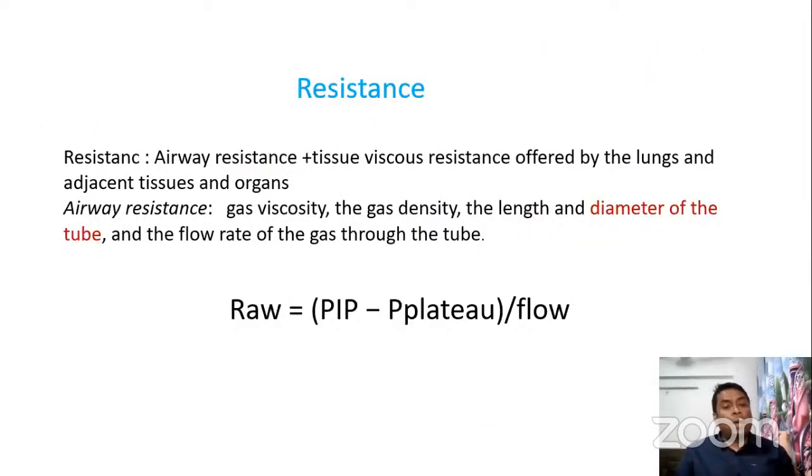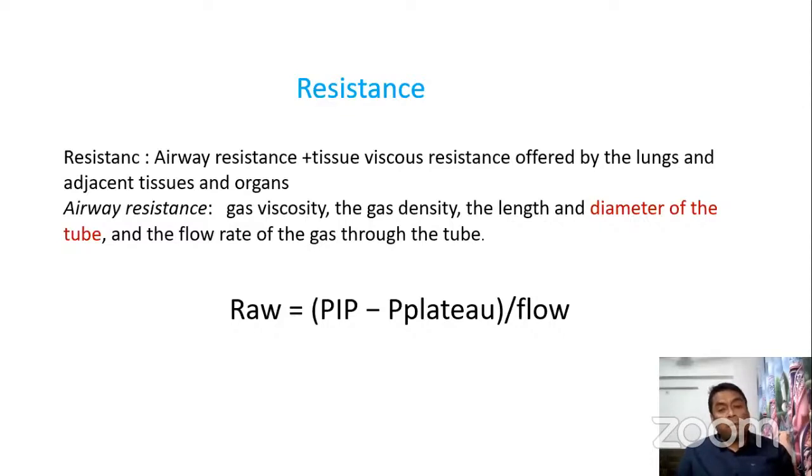Resistance is offered by either the air resistance or the tissue viscous resistance by the lungs and adjacent tissues and organs. Air resistance is due to gas viscosity, gas density, length and diameter of the tube, and the flow rate of the gas through the tube. Apart from the diameter of the tube, all other factors remain constant during mechanical ventilation.